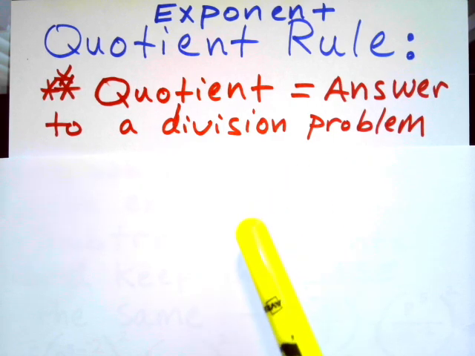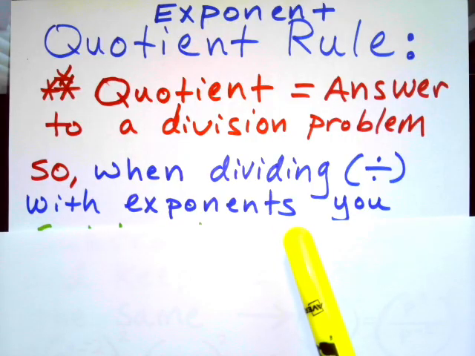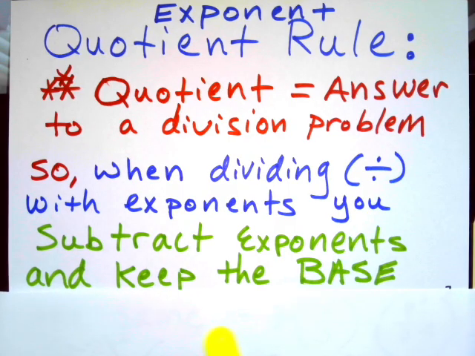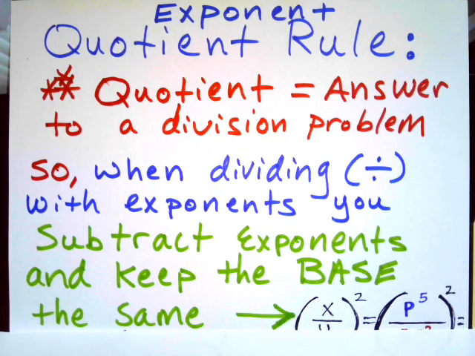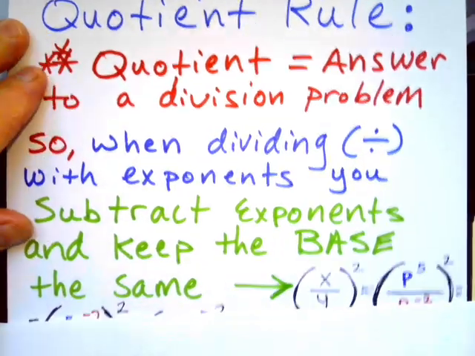And anytime you're dividing with exponents, you subtract the exponents, right? That's the rule. You subtract the exponents, and you keep the base the same. If the base is the same, you keep the same base. So let's go ahead and see what that looks like moving forward.